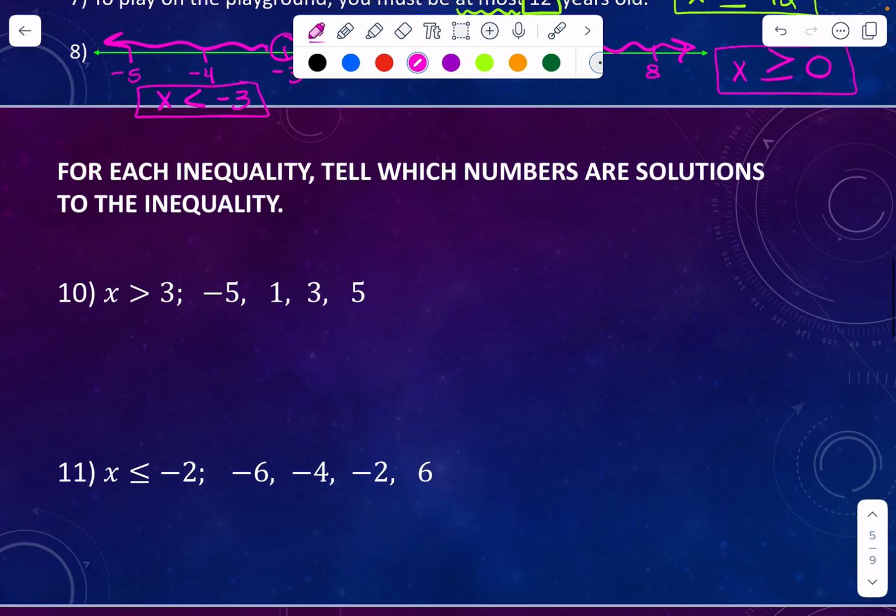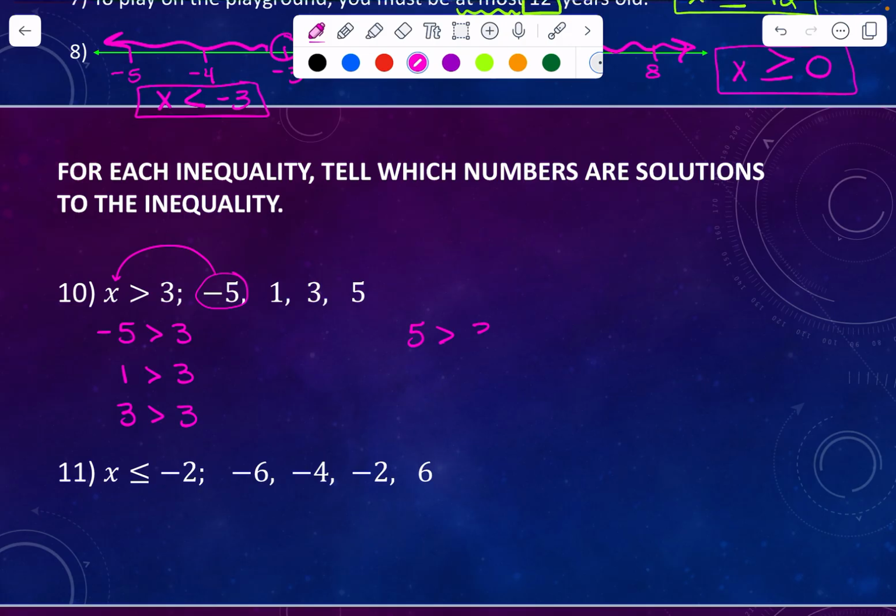Okay. Now, the last part here is we want to be able to tell if a number is a solution or not. So literally, all you have to do is take these numbers and plug them into x. So here's what it looks like. I've got -5, I've got 1, I've got 3, and I have 5.